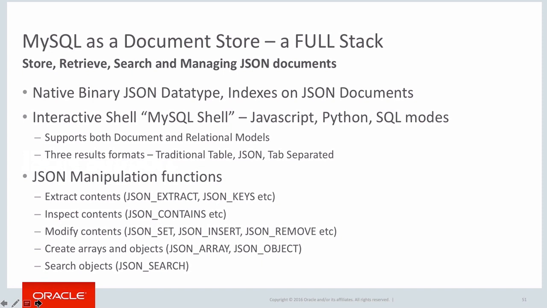So rather than storing data as text, as people would usually do, they just create a text or a blob and push data inside it, we have a binary JSON data type that parses your data as it's being stored, validates that it's proper JSON data, and then understands the actual contents of the JSON documents.